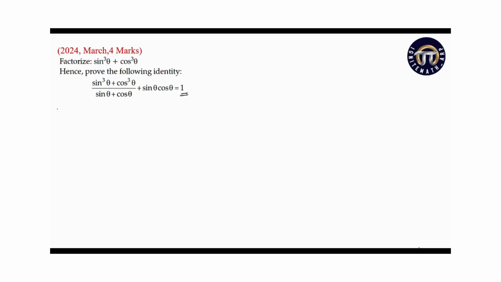Now here let me consider the left hand side of the given expression. Right, before that let us try factorizing this expression. Sin cube theta plus cos cube theta, you are asked to factorize this expression, children. We know the identity, as I showed you already, that is a cube plus b cube is equal to a plus b, then a square plus b square minus ab.